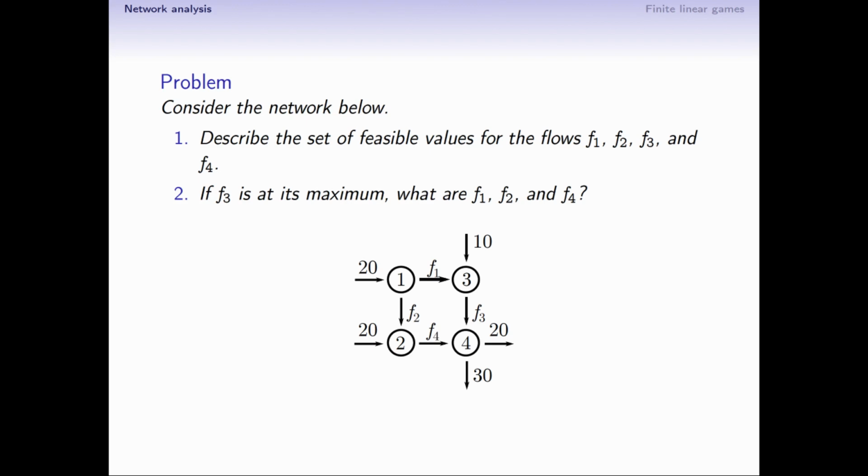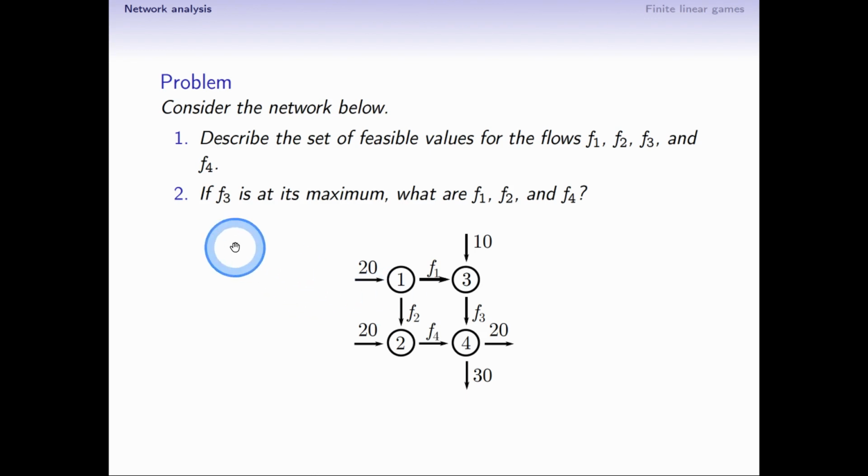Okay, let's take a look at the two parts of this problem. So part 1 asks us to describe the set of feasible values for the flows F1, F2, F3, and F4. All right, we'll go to the document camera in just a bit, and I'll show you how to set that up as a system of equations.